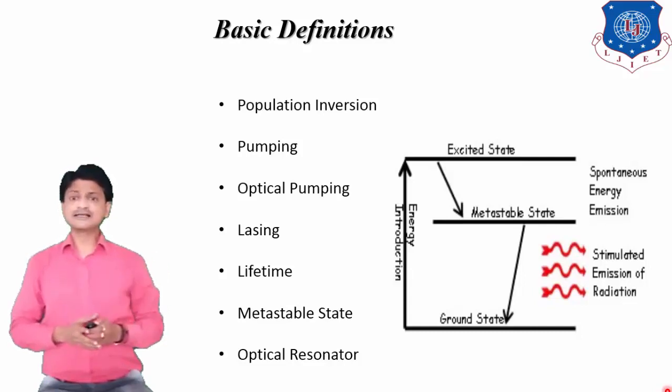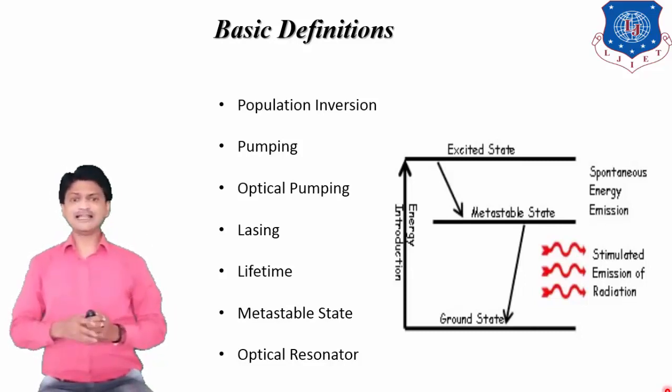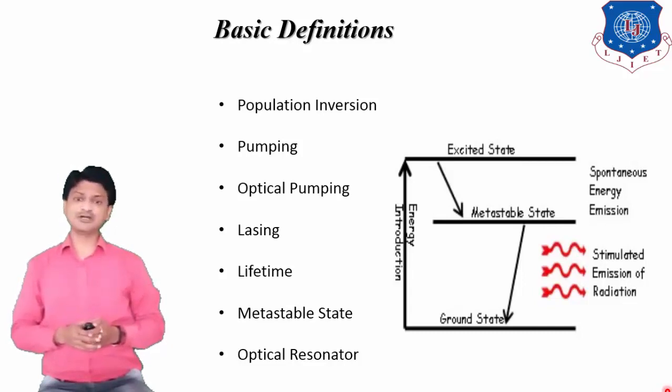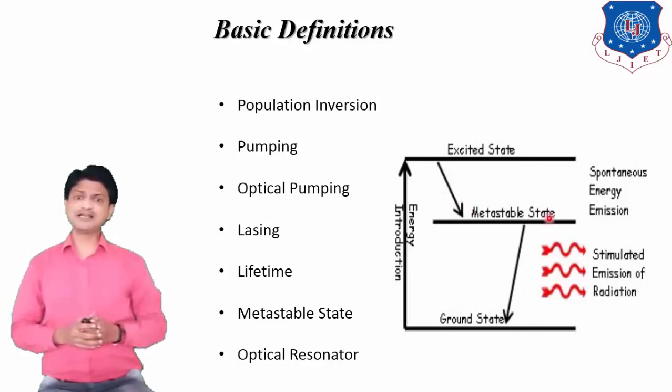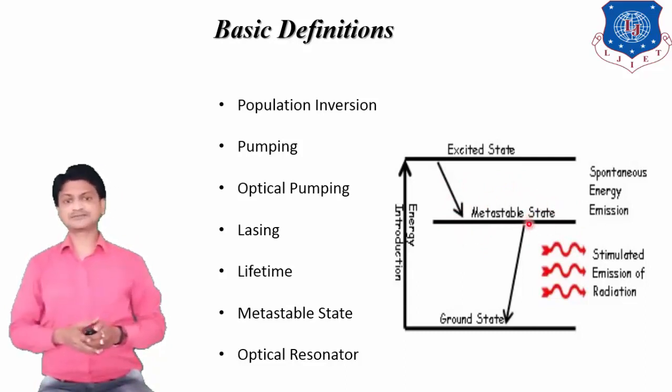Now, to do this, we pump atoms into the metastable level at a rate that exceeds the rate at which they leave. A large number of atoms are therefore excited to and held in this level, leaving an almost empty level below. So the atoms stay in this metastable level without de-exciting while the population builds up, giving rise to population inversion.